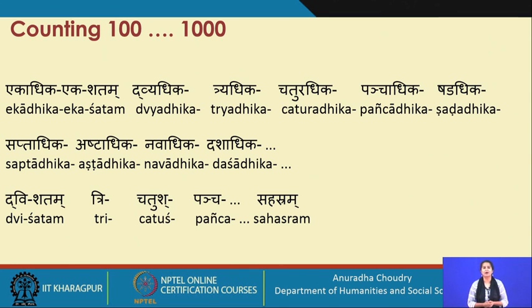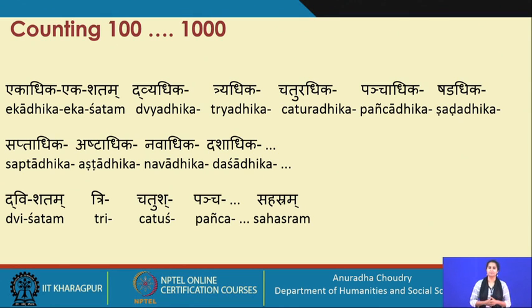So if you had to have 20 more than 100, you would say Vimshati Adhika, which would be Vimshatyadhika Ekashatam or Vimshatyadhika Shatam. Go on like that, and then we have the different hundreds.